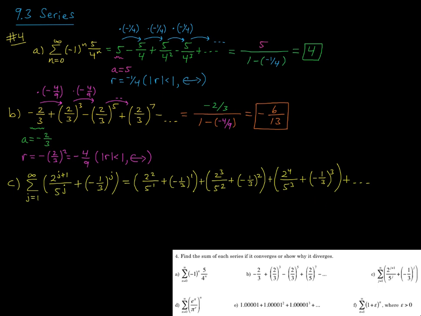So what I'm going to do here is just break this up into two sums. Okay, so here in blue I have 2 squared over 5 to the first plus 2 cubed over 5 squared, and so on and so forth. And then in red I have (-1/3) to the first, (-1/3) squared, and so on and so forth.